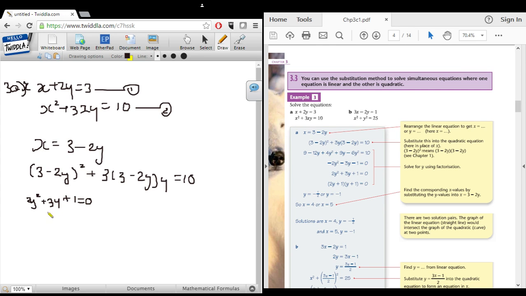We'll continue from there. Again, the rule was figuring out what two numbers multiply to give 2, but add to give 3, and that is 2 and 1. So 2y squared plus 2y, and then you have y plus 1.